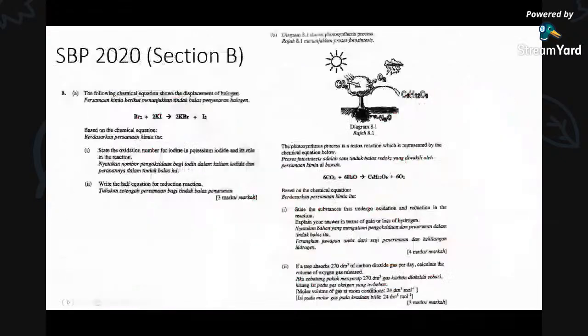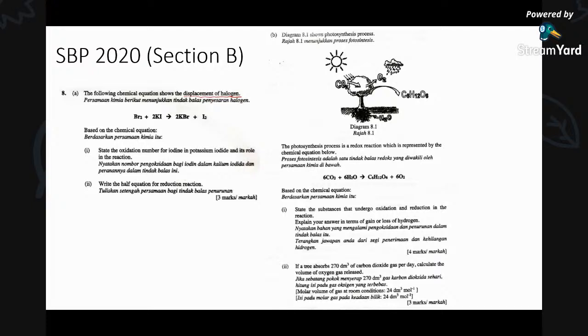Okay, now we look at section B, SPP number 8, the next question. So the following chemical equation shows displacement of halogen. So displacement of metal, you also have displacement of halogen. The concept is the same. The more reactive metal will displace the less reactive metal.